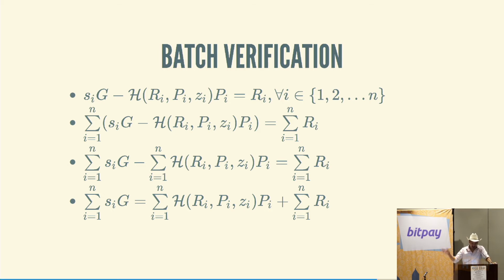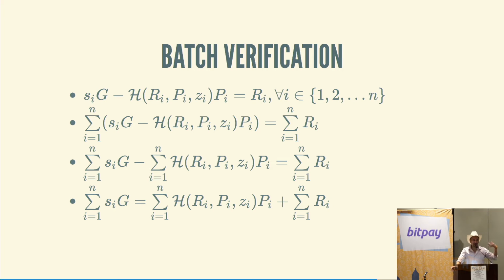And the right side is a little more expensive, but you get a bunch of point addition in the last term here, the sum from i to n of R sub i, which is not that expensive. And then you have point multiplication with an arbitrary point in the middle. Those are the most expensive, but you get them all out of the way at once. So you get a lot more efficiency with batch verification.